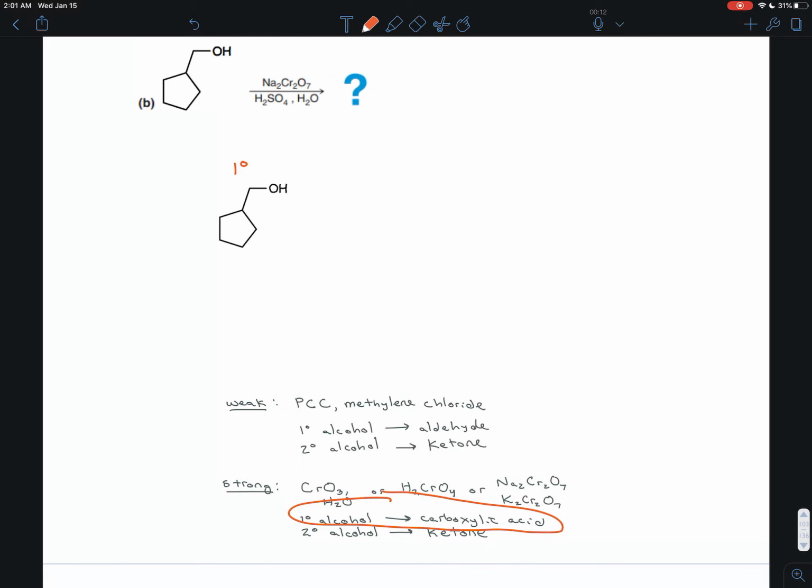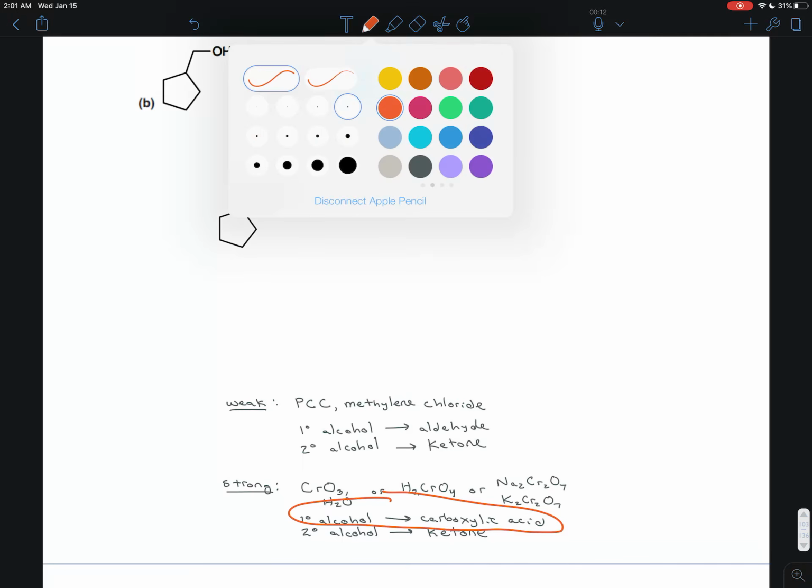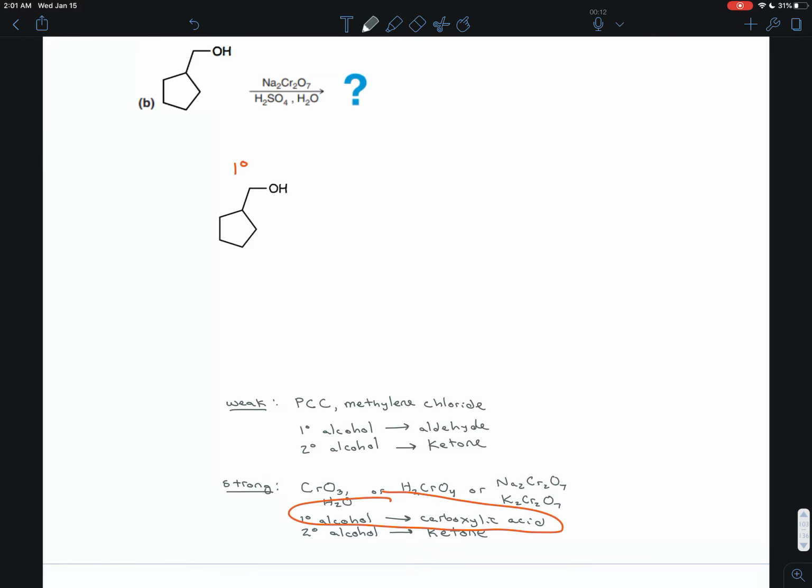And it would oxidize aldehydes if they were on the molecule. We don't have any aldehydes here, so what's going to happen is that primary alcohol is going to turn into a carboxylic acid. That same carbon, you'll just add a carbonyl onto it, a double bond to an oxygen. And that's it. That would be the product for that reaction.